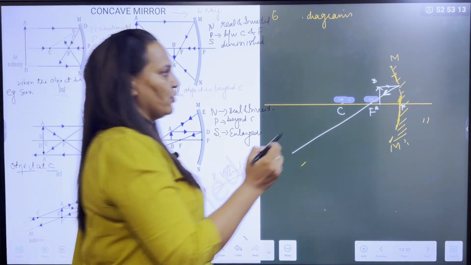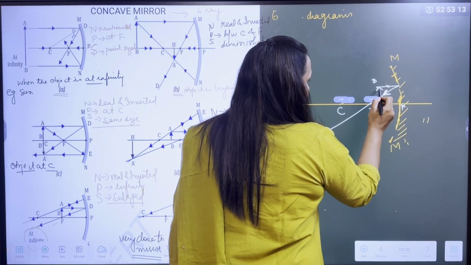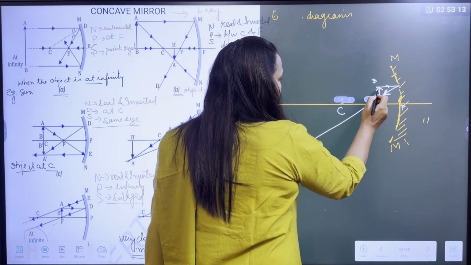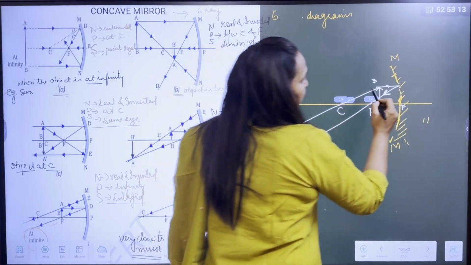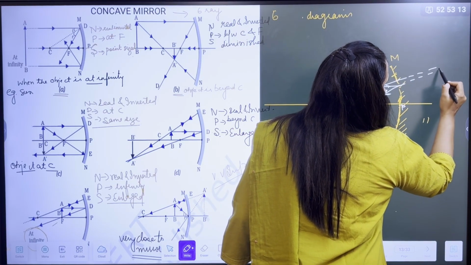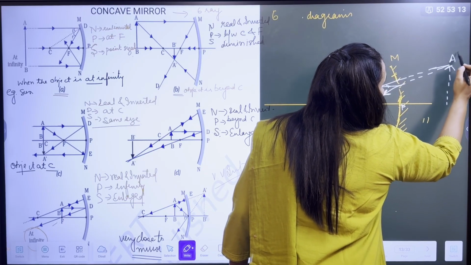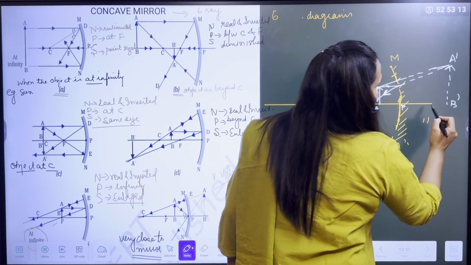How does the second ray go? Tip of the object and C. See here, right? Extend it. They are meeting behind the mirror. So image is forming above the principal axis.